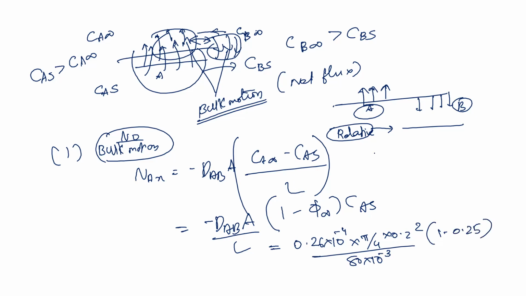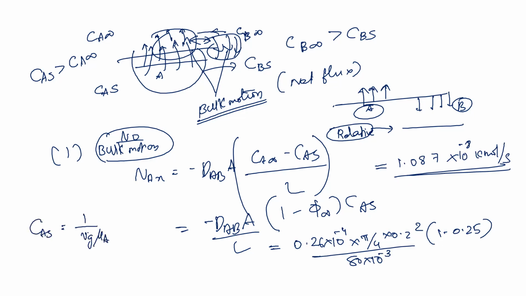Finally we will get that value to be 1.087 into 10 raised to minus 4 kilomole per second. And CAS is equal to 1 by vg into mu A, where mu A is our molar mass, for water in kilogram per kilomole.